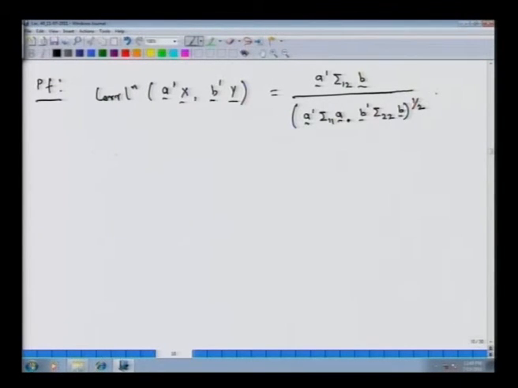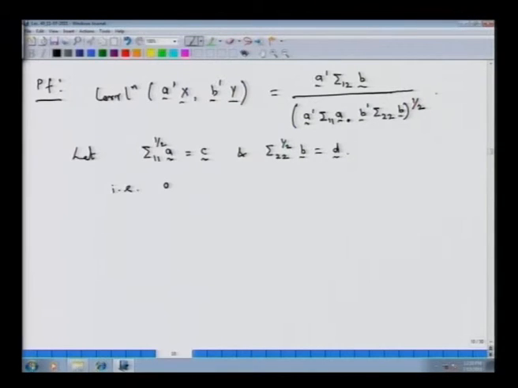Now, in this expression, let us define sigma 1 1 to the power half times A as a vector C, and sigma 2 2 to the power half times B as a vector D.